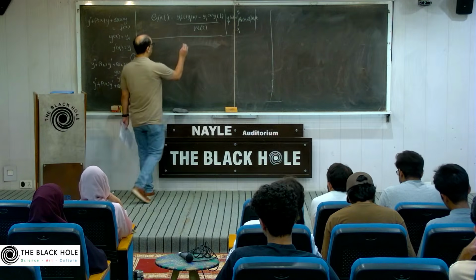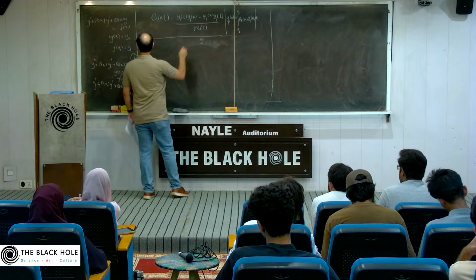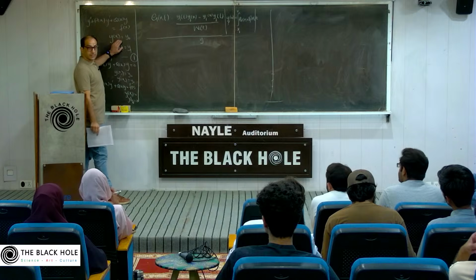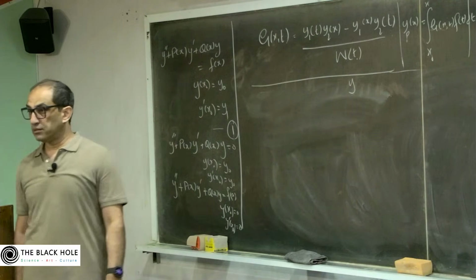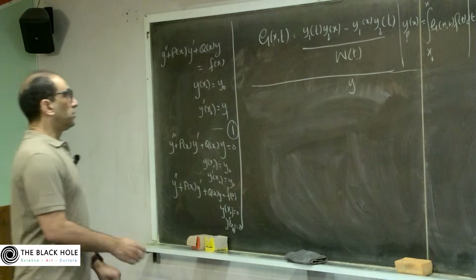So now, what do you have? You have y of x naught is y naught and y dash of x naught is y1.